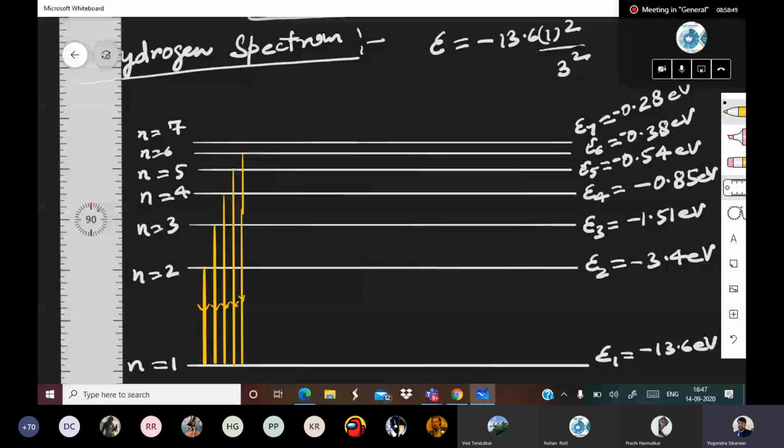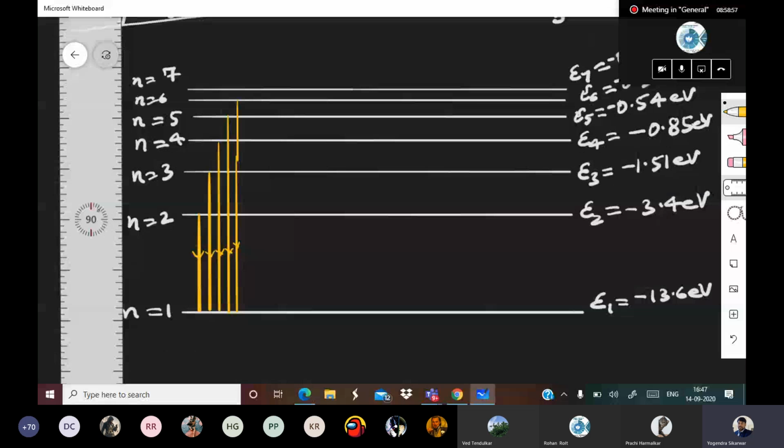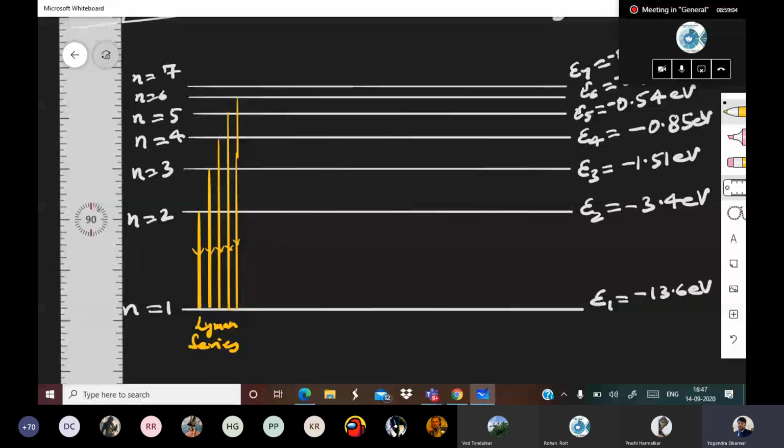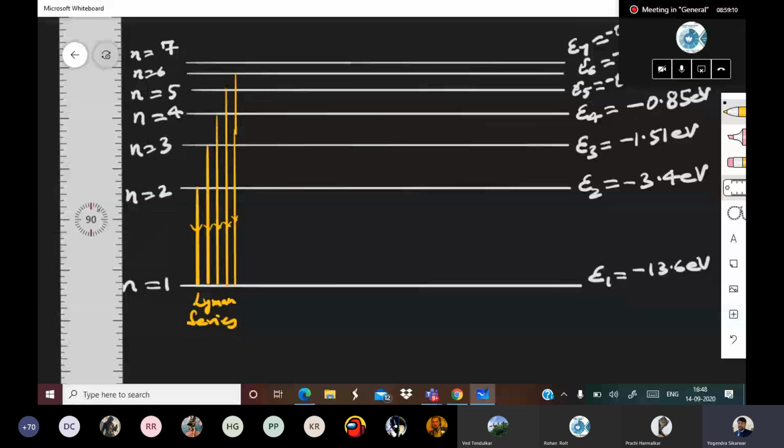This is called the Lyman series. I'm just telling you a little bit in brief. Lyman series is in the ultraviolet region. We'll be writing this, don't worry. But you need to draw this pattern and diagram as well.